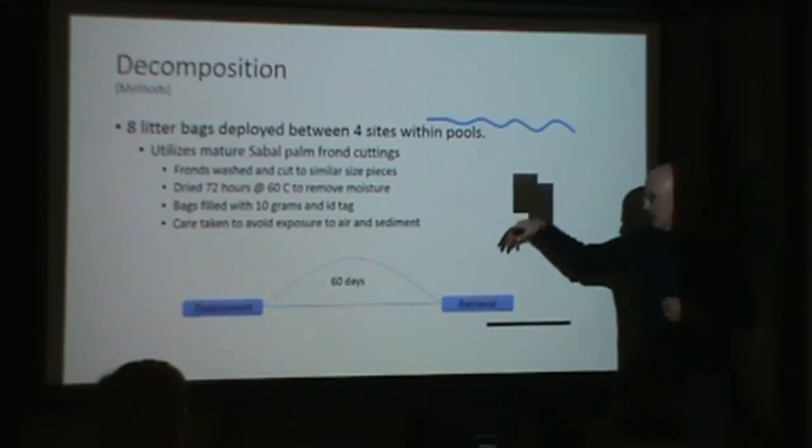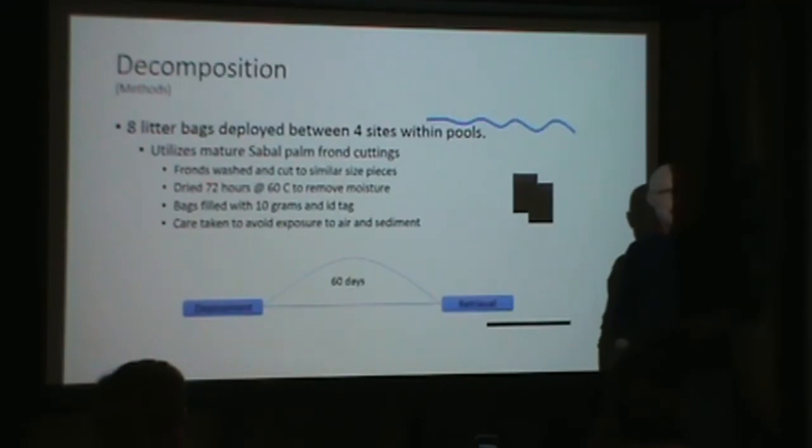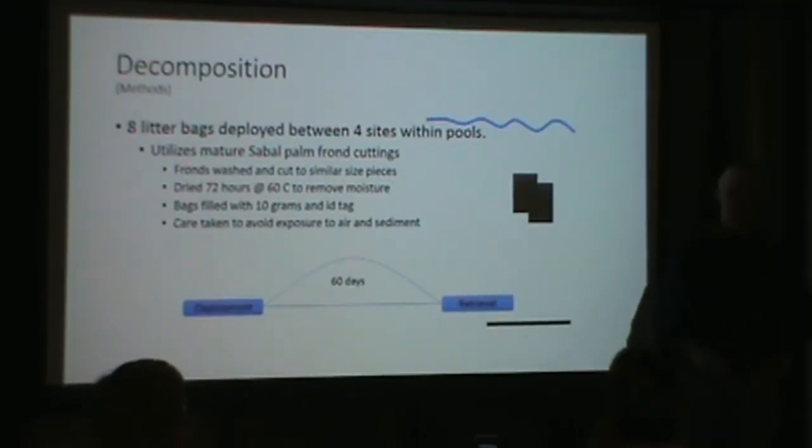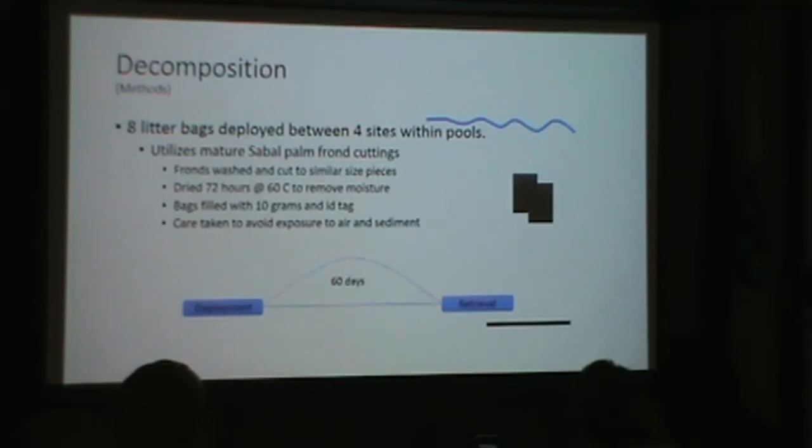Put it in the water, and retrieve them 60 days later and see how much mass has been lost, and then we calculate decomposition rate. And we look at other things, and we have to do some corrections, but I've been using that since I was in Mexico as a reliable functional indicator, because it indicates the rate of one process, what process, decomposition.